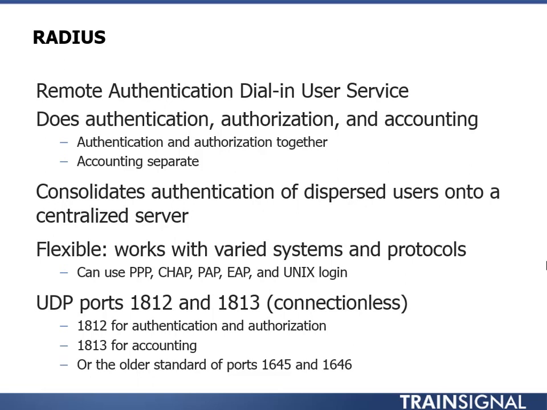That's the power of RADIUS. It can connect back to just about any type of authentication server, and it can connect from just about any type of network access device. It's that middleman. As you see at the bottom there, it uses UDP ports 1812 and 1813. The older standards were 1645 and 1646, and I didn't see any port numbers on the exam, but it wouldn't hurt to know them.